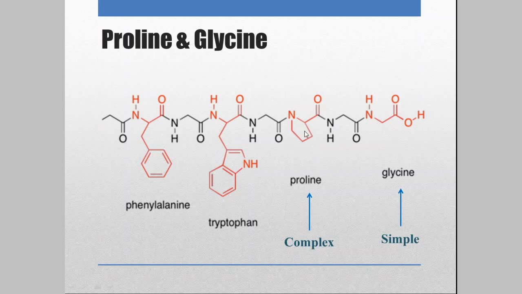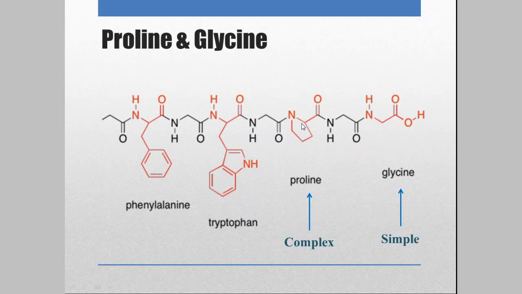Because imagine if something is very bulky, it won't carry out rotations because it is heavy, it can't move that much freely. That's why we call proline a very bulky group.